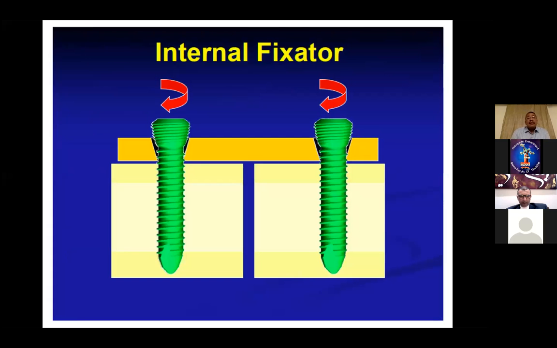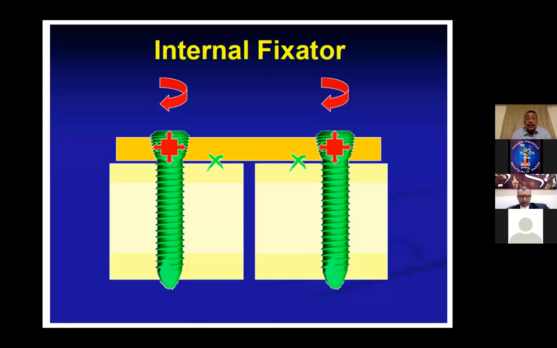To avoid these drawbacks of the conventional plates, the era of locked plates came into practice, and they act as internal fixator. So you have the screws locked inside the plate. You have a fixed construct between the screws and the plates.